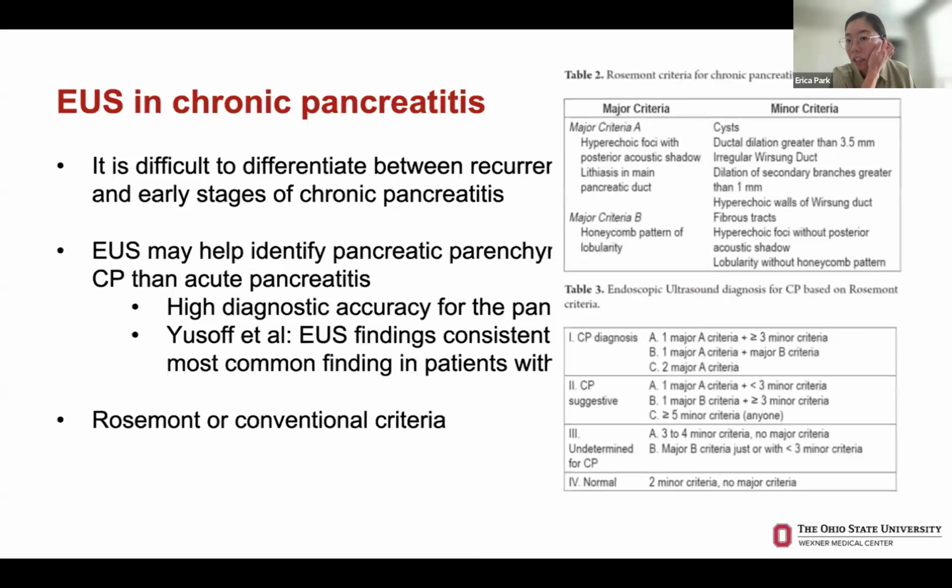This table right here is the Rosemont criteria. Essentially, it's findings that you can see either in the pancreatic parenchyma or duct, and they're divided into major criteria and minor criteria. And depending on a combination of these criteria, you can establish your diagnosis of chronic pancreatitis or rule out a diagnosis of chronic pancreatitis.